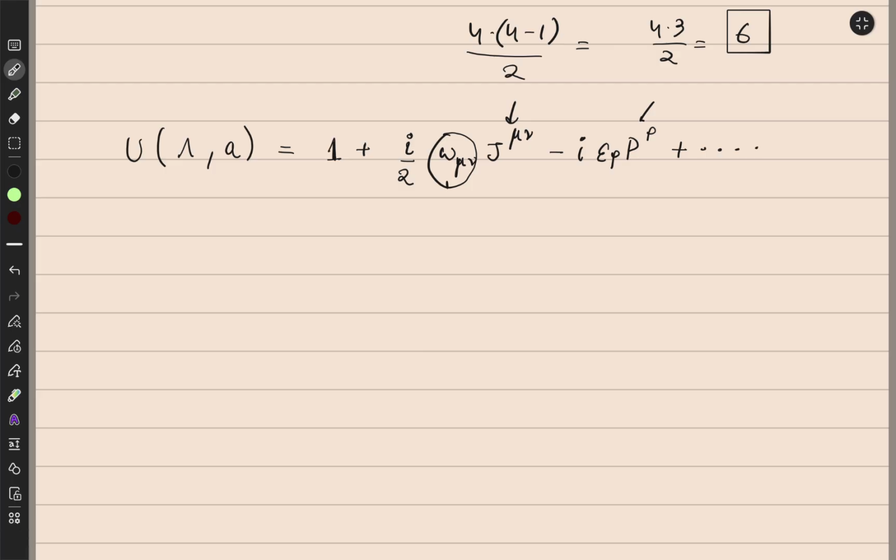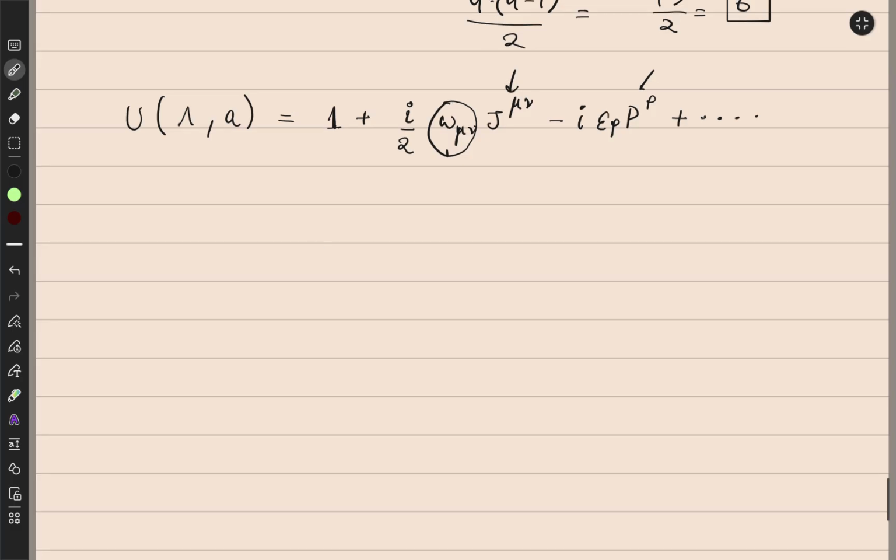In particular, we can look at how this U itself changes under Lorentz transformations, as in unitary transformations that are representations of the Lorentz group. So what we want is to sandwich an operator, the operator U corresponding to some Lorentz transformation, between U and U inverse that correspond to some other Lorentz transformation.